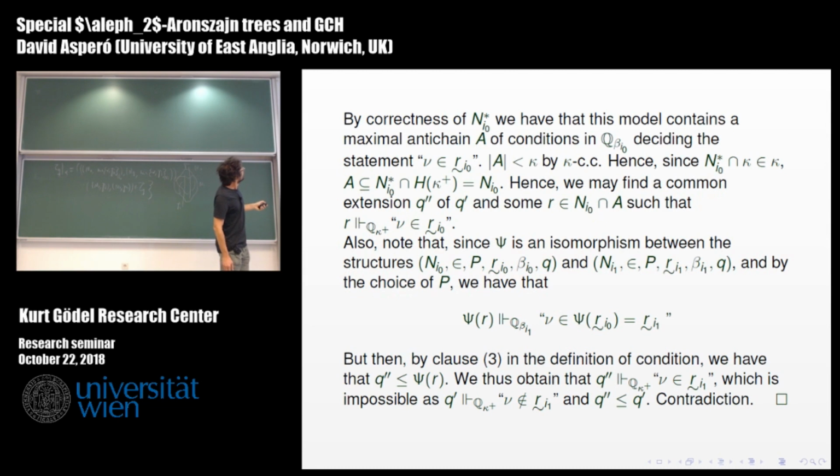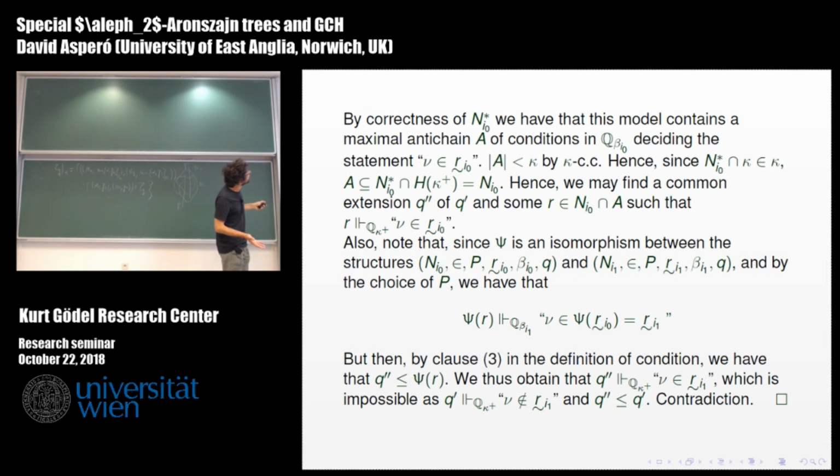Okay. So now by correctness of that model, you have a maximal antichain A of conditions in this forcing that decide the statement nu is in Ri0. Now I have that this has size less than kappa by the kappa-cc.